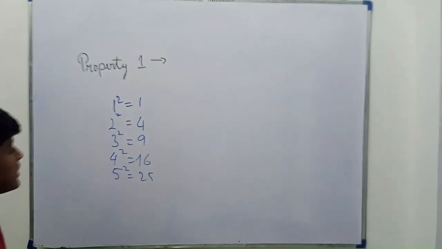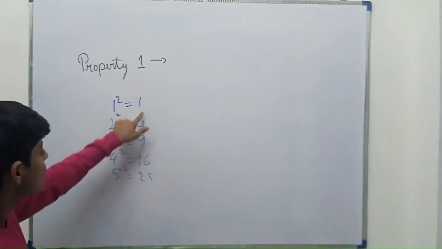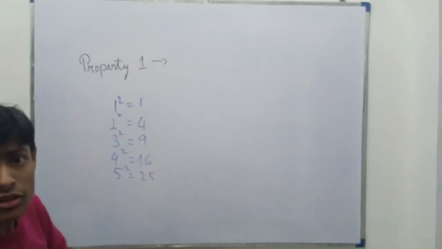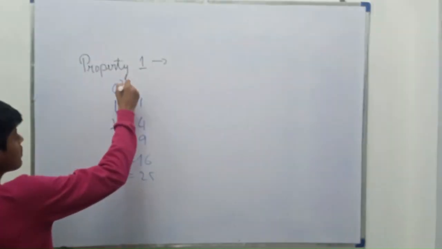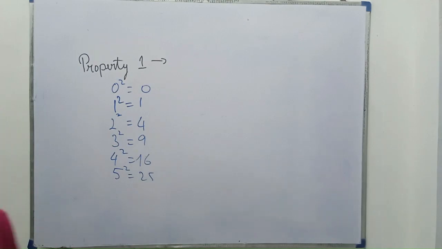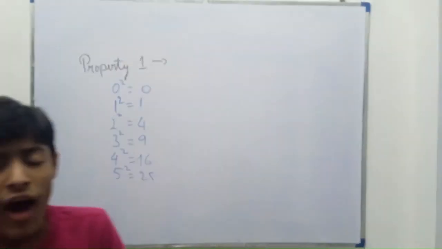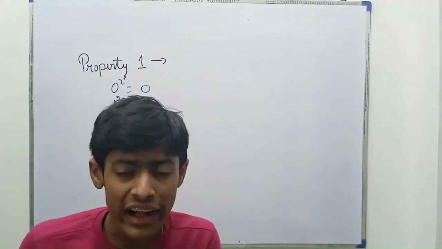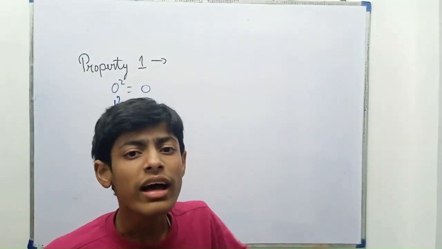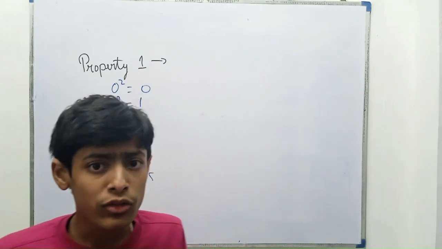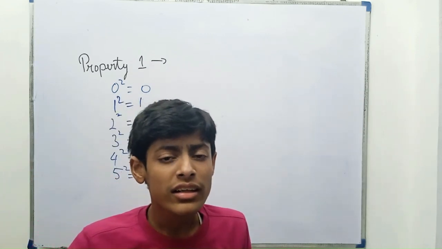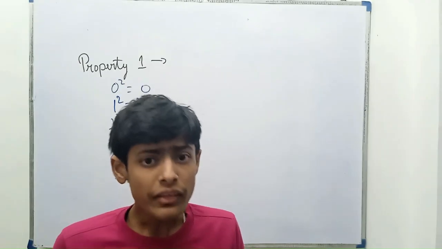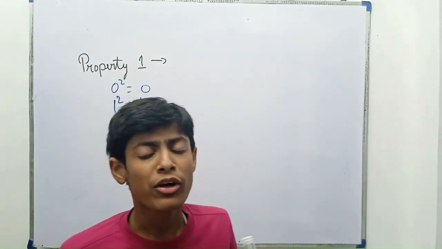So these last digits 1, 4, 9, 6 and 5, and 0 also, because the square of 0 is also 0. So 0, 1, 4, 5, 6 and 9. If these digits are at the units place, then we can consider that the number may be a perfect square. We can see one example also.